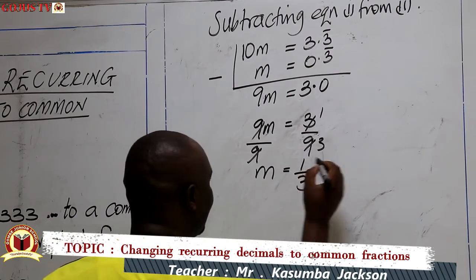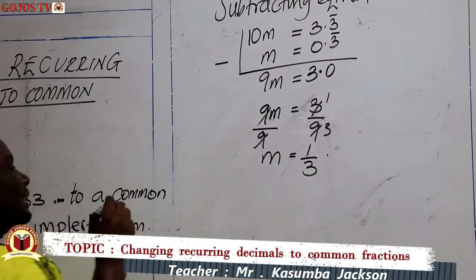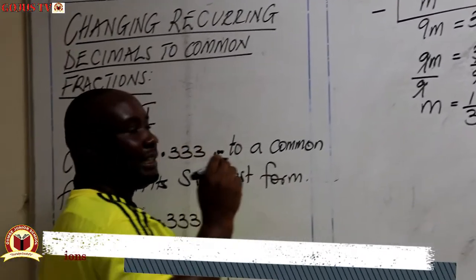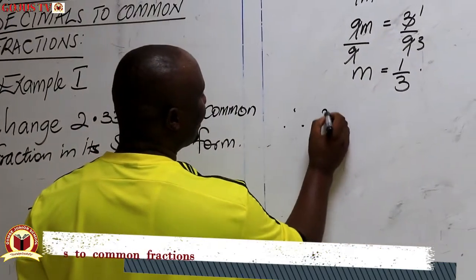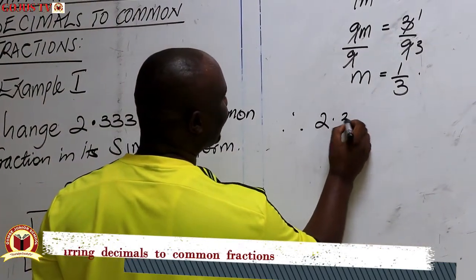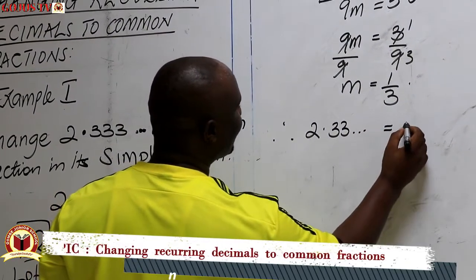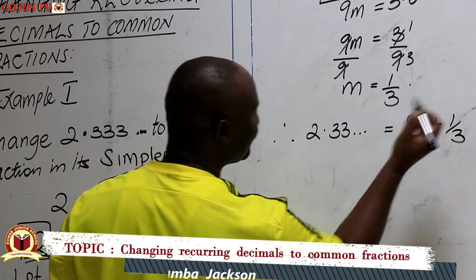But to get the fraction we want, we must remember that we had our whole number we kept at the side. So we shall say, therefore, 2.3 recurring is as good as getting 2 and adding it to a third.